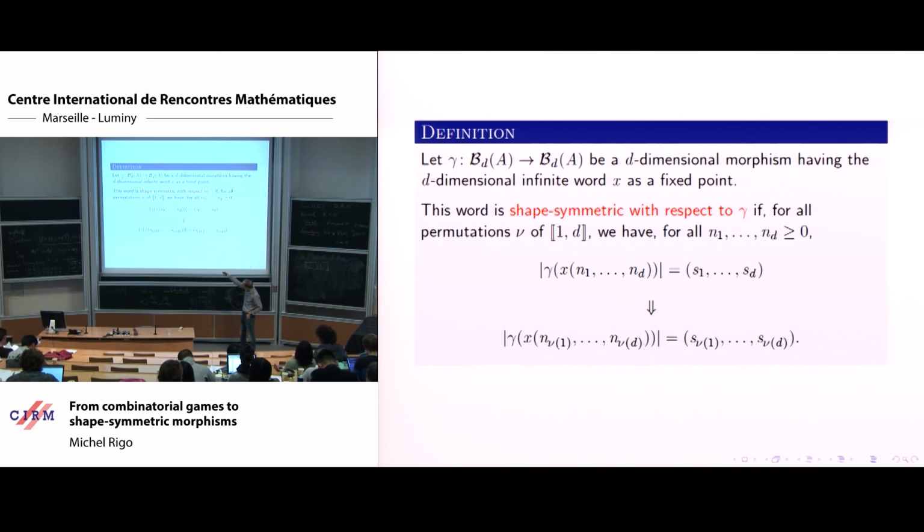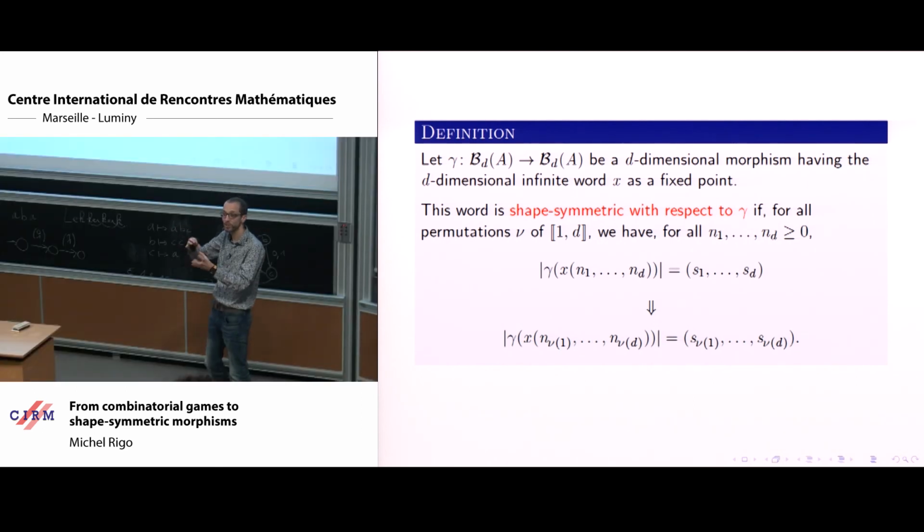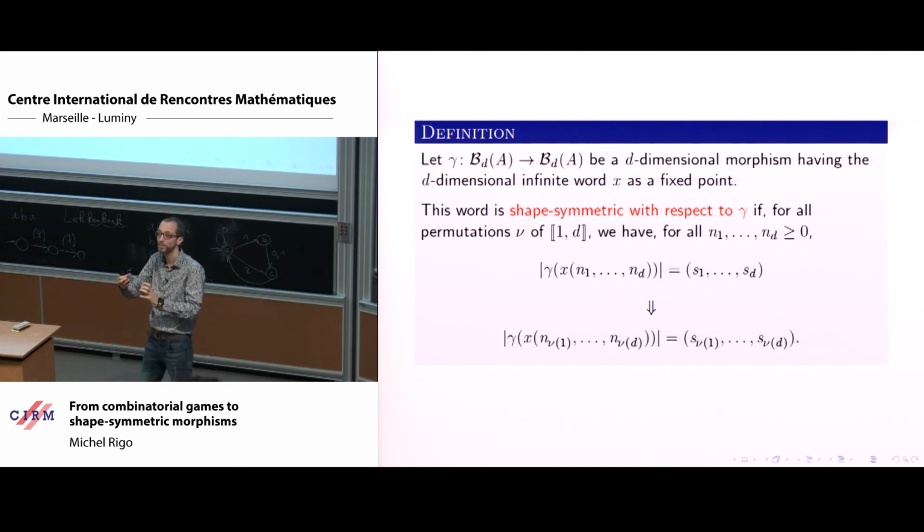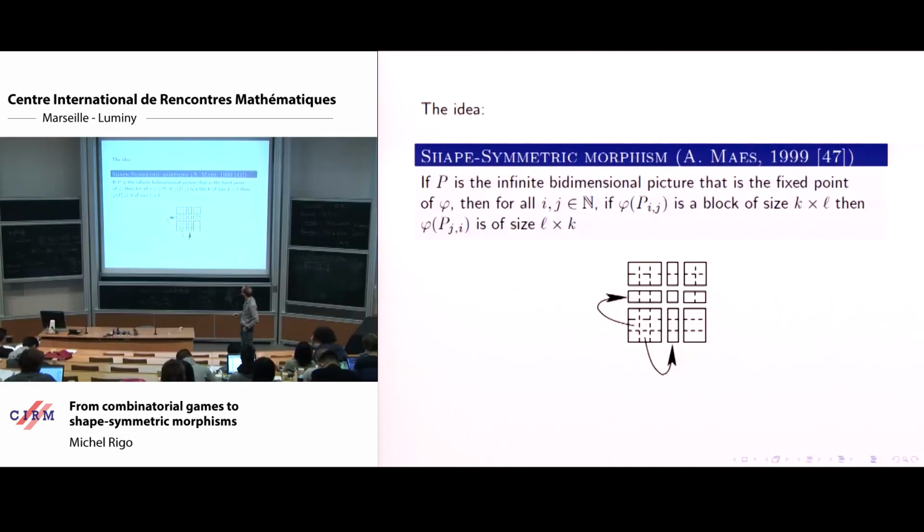If you permute the components, so you look at some other point up to a permutation, the corresponding shape when you apply the morphism gamma should have a shape that is the same permutation of the dimensions of the block you had before. So this is written in a complicated way, what I show you just here. The image of this block and that block, this one is just a transpose of that one. Here I just have these two permutations, so that's pretty easy in dimension 2.